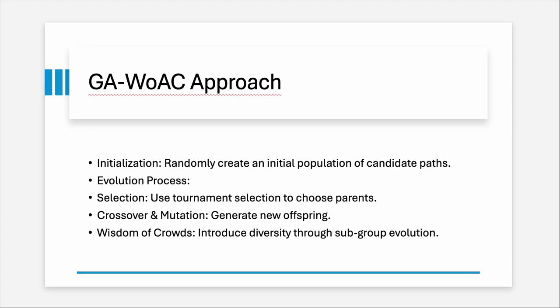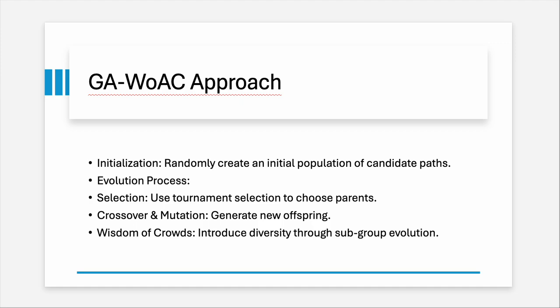Our hybrid GAWAC approach begins by initializing a random population of possible paths through the cities. We then evolve this population over several generations using selection, crossover, and mutation. At regular intervals, we divide the population into smaller subgroups, each evolving independently.